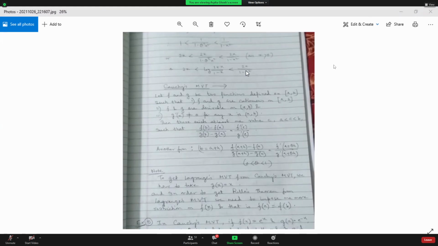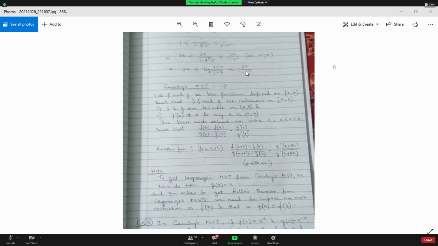Now, if we replace b by a plus h, where h has got a very small value, in that case, Lagrange's mean value theorem takes the form f of a plus h minus fa divided by b minus a. B minus a is nothing but h. So f of a plus h minus fa divided by h equal to f dash c.